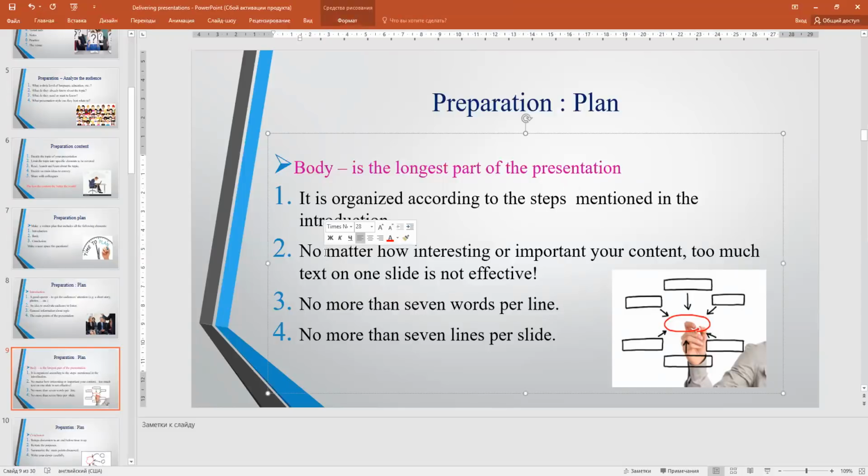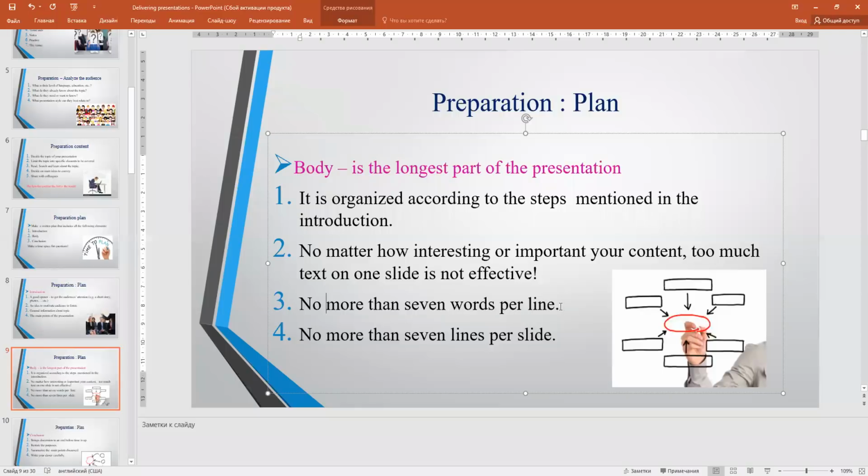And no matter how interesting or important your content, too much text on one slide is not effective. As I mentioned before, a lengthy textual presentation may fail. And the third part, you can see no more than 7 words per line.